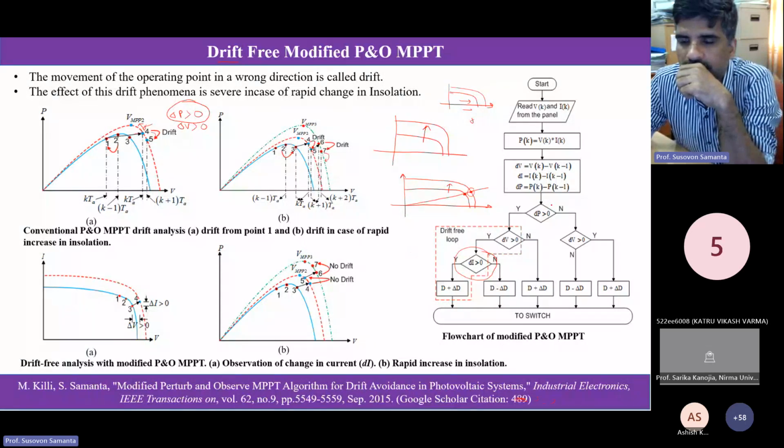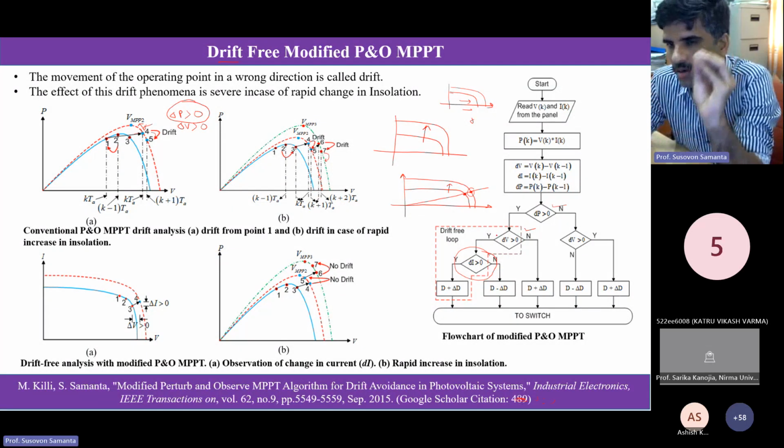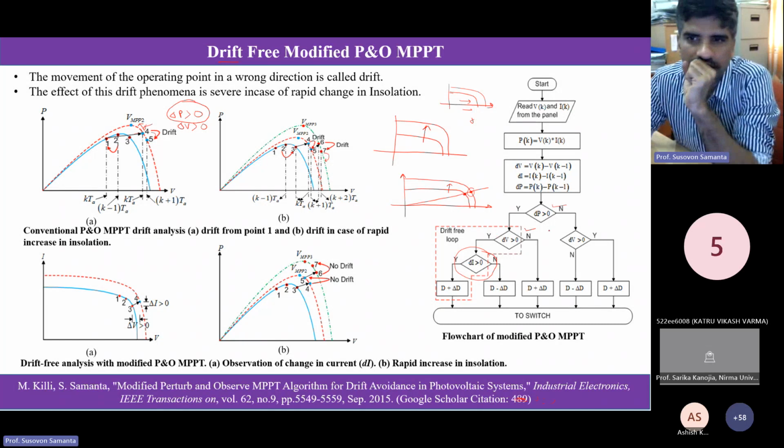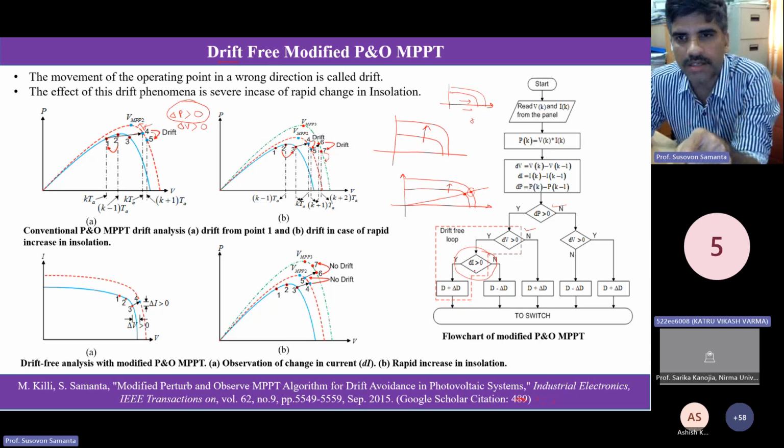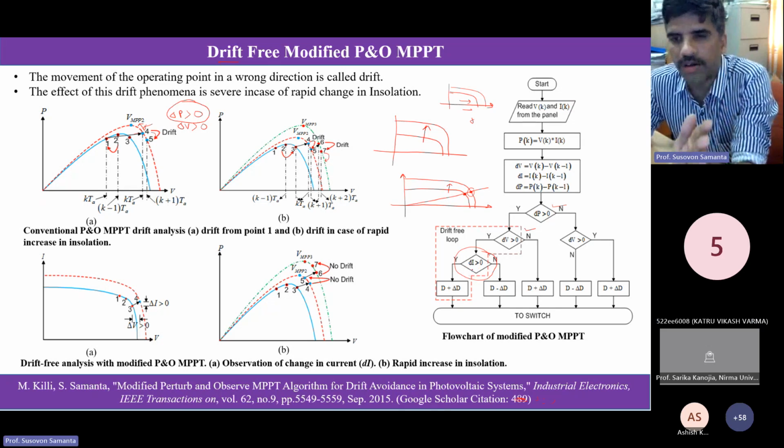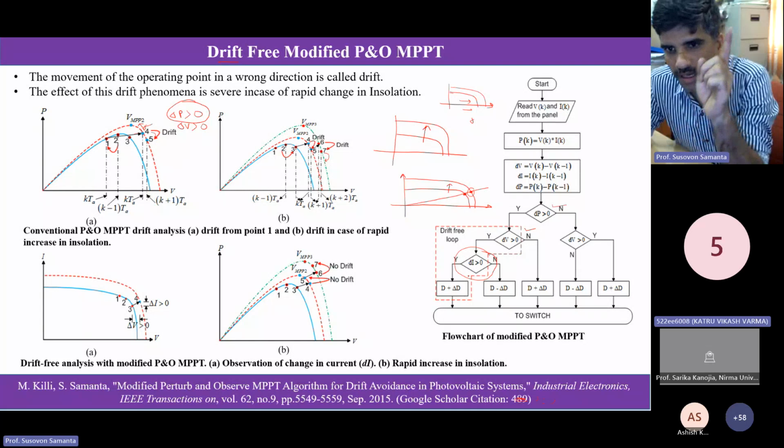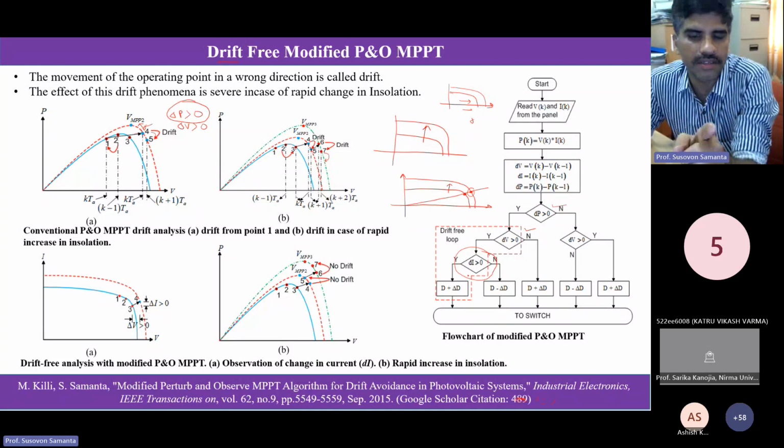So this is dP greater than 0, dV greater than 0. Till this point, it is the normal P&O algorithm. Now what we are checking, when dP greater than 0 and dV greater than 0 are both yes, is whether dI is greater than 0 or not. If dI is greater than 0, then we can confirm that there is a change in irradiation.